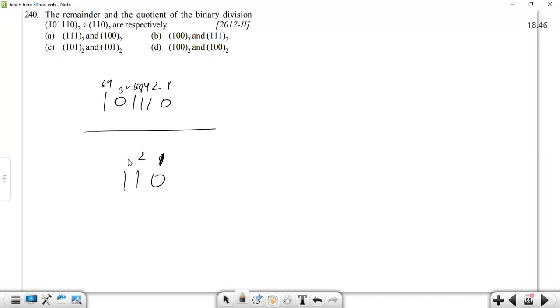So in decimal, it will be written like 64 plus 16 plus 8 plus 4 plus 2, plus not 1, because there is 0 there. So 16, 18, 4. Oh, how come so many?